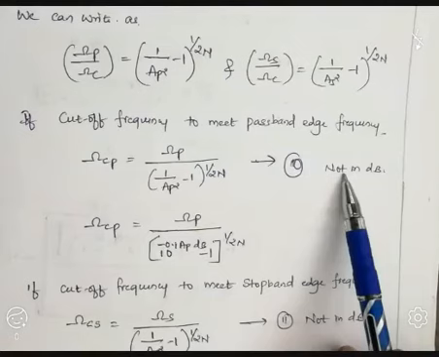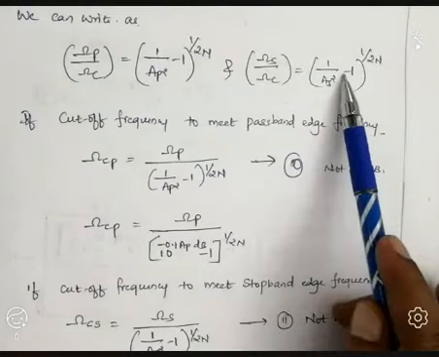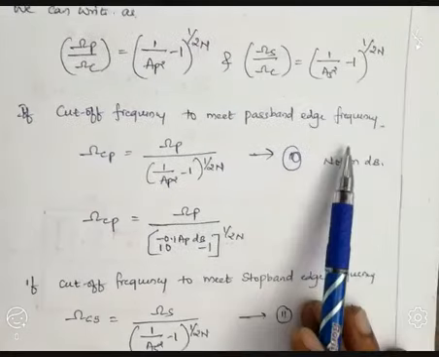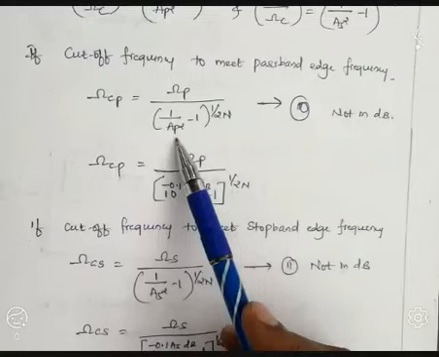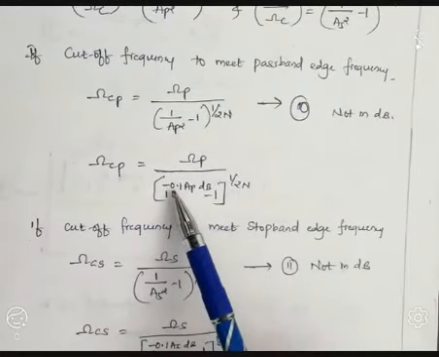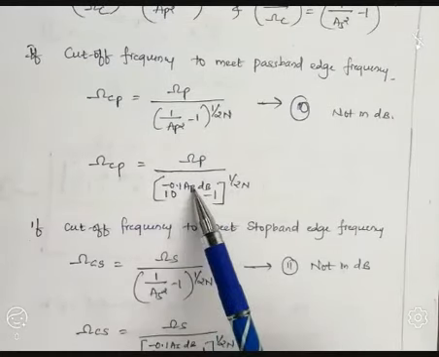Similarly, if we find the cutoff frequency to meet the stopband edge frequency, then we can write as follows. Before that, if you express this cutoff frequency to meet the passband edge frequency in terms of decibel, 1 by AP square is replaced by 10 to the power minus 0.1 AP in dB minus 1, whole to the power 1 by 2n.